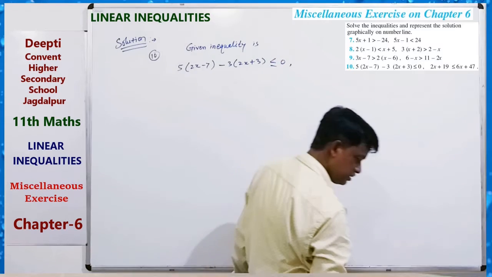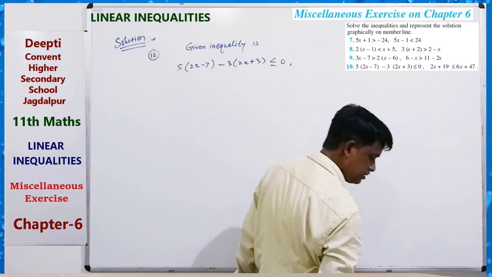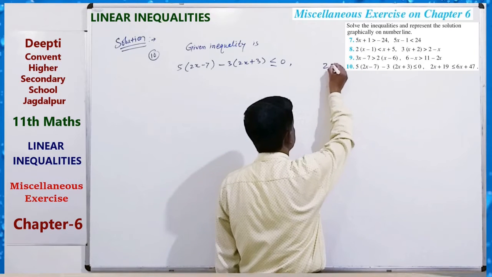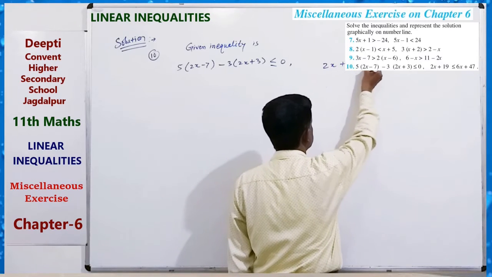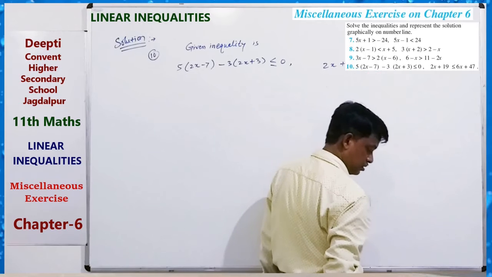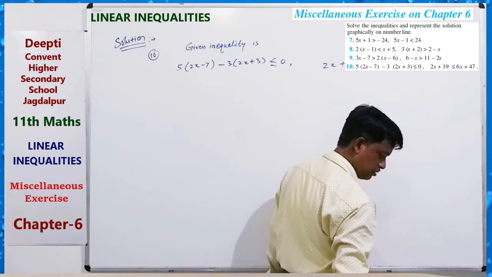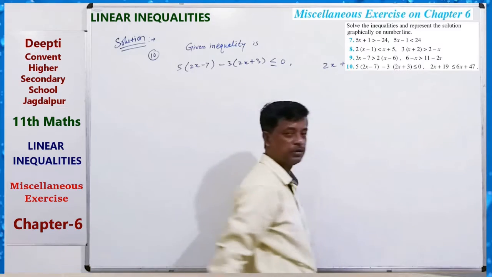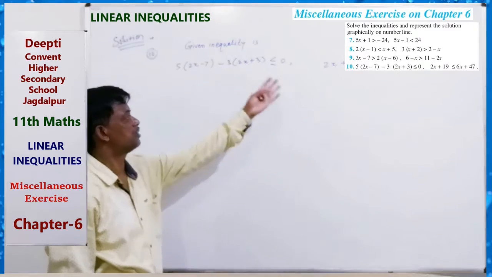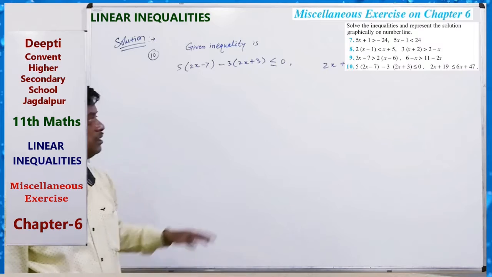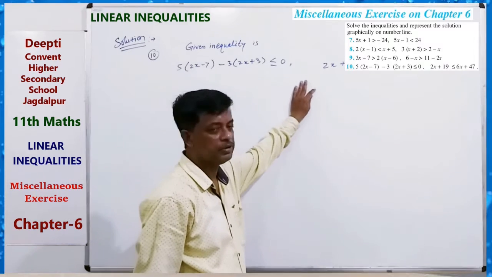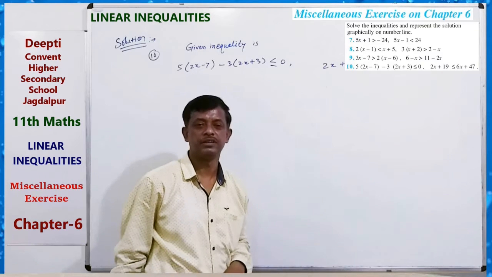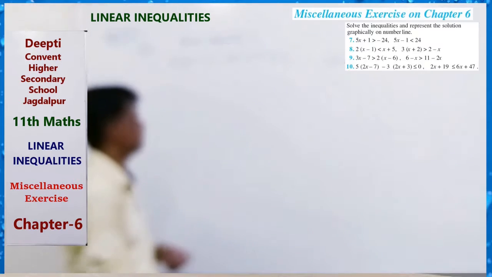And the second part is 2x plus 19 is less than or equal to 6x plus 47. Okay, there is also a separation of two inequalities. You have to just solve it and draw graphically its solution set.